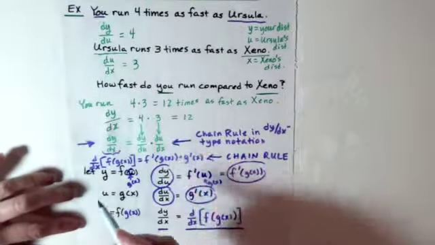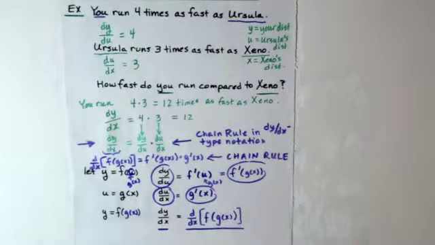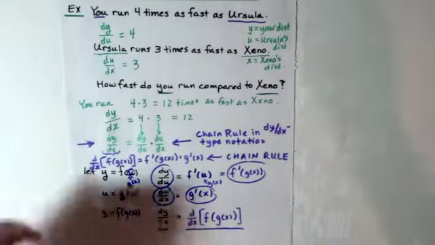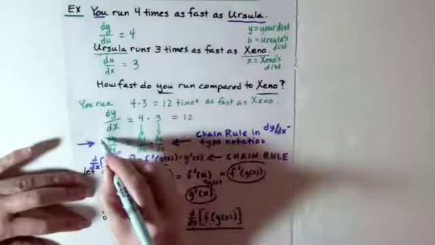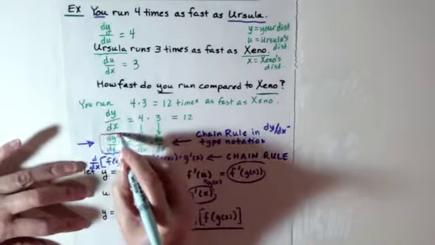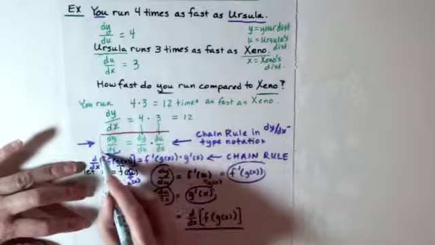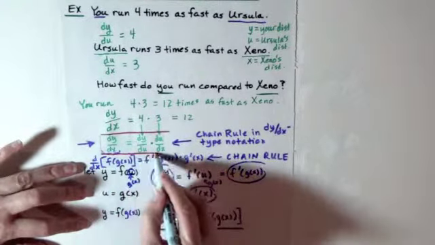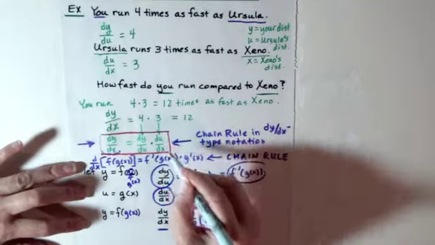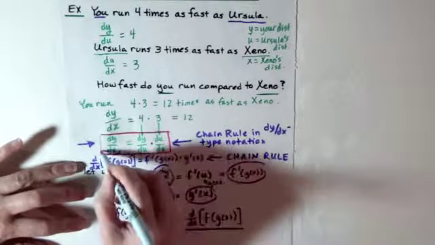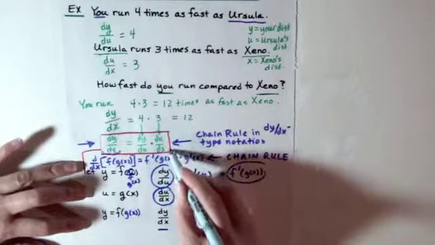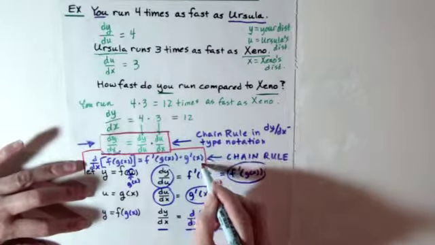So what I have written in purple is the chain rule, and what I have written in green is the chain rule. So this is what we call the alternate notation for the chain rule. Or you could think of it as the chain rule simply written in the dy dx type notation. And here is our original form for the chain rule.